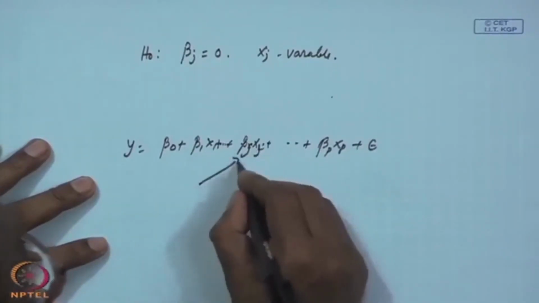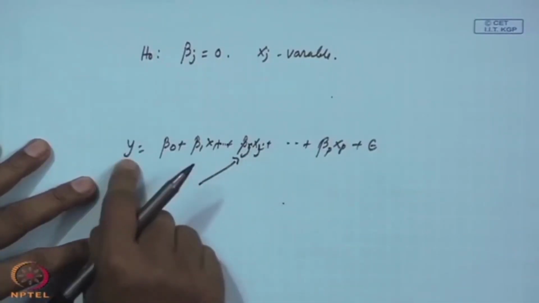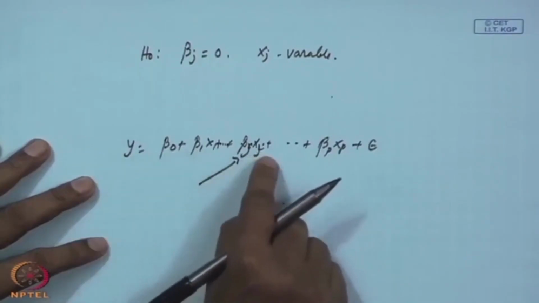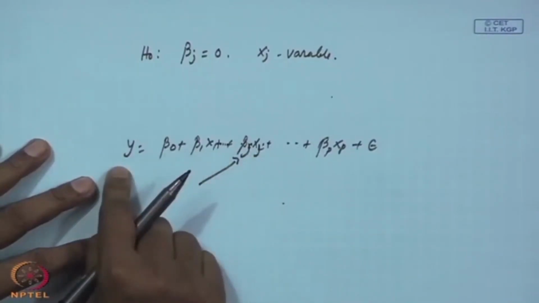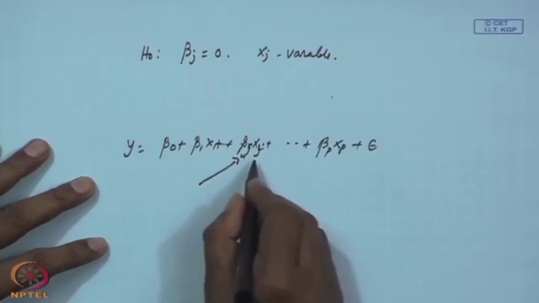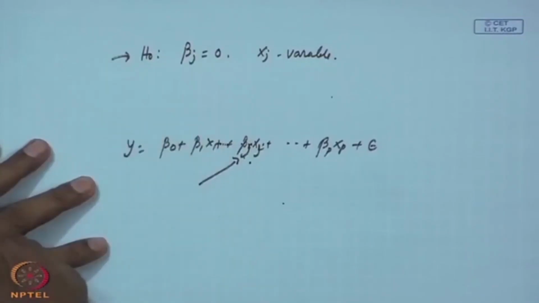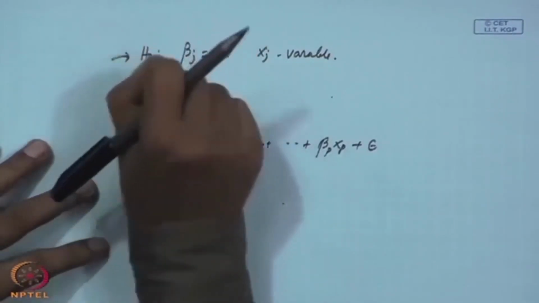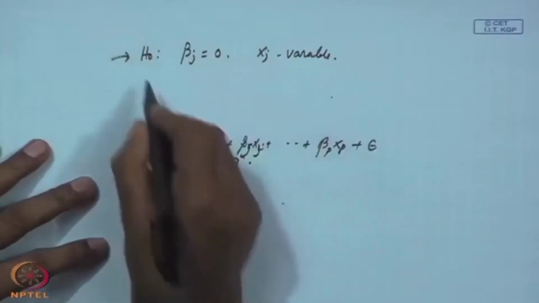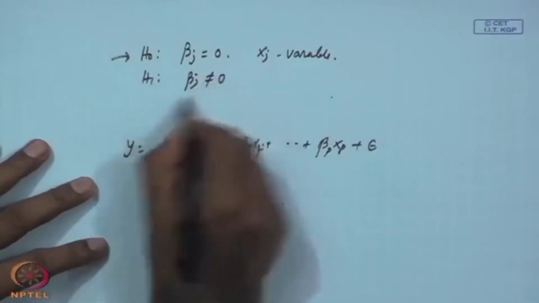What we are saying is, if x j has no relation with y, in other words x j does not contribute in explaining the variability of y, then we can assume that beta j value is 0. So, this is our null hypothesis when you test the individual regression parameters. Then the alternative hypothesis is beta j not equal to 0.